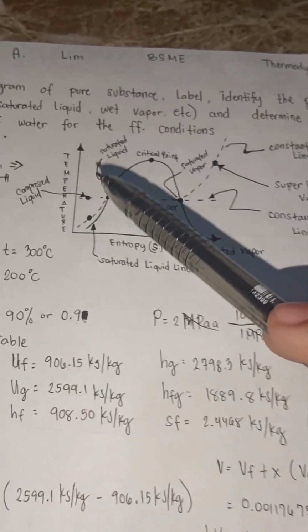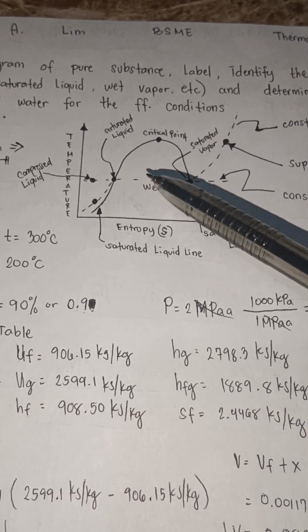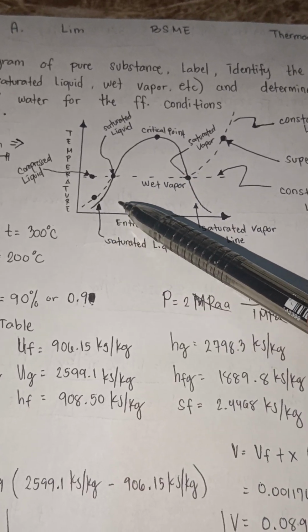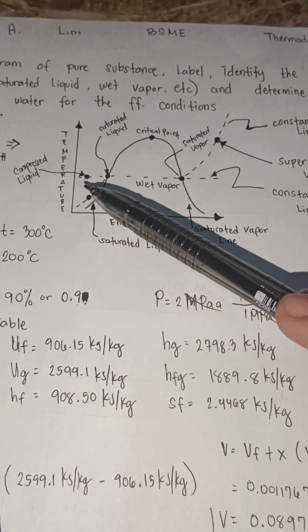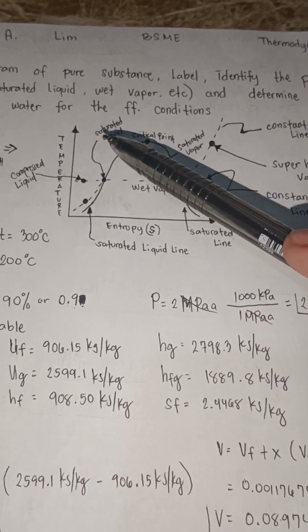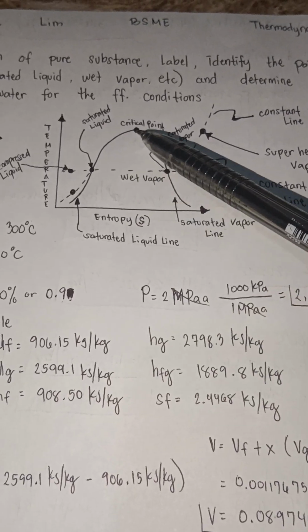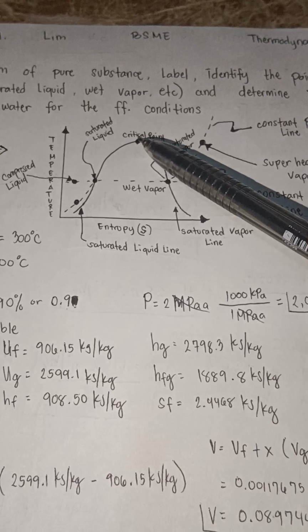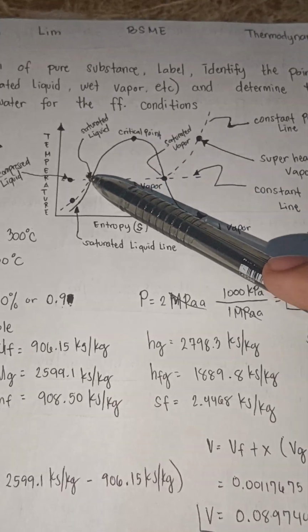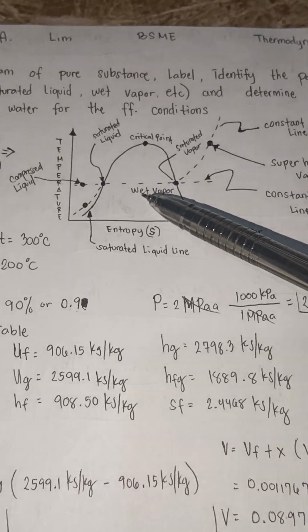So, here is my TS diagram, the temperature and entropy diagram. Here is the saturated line. Here is the compressed liquid, and here is the saturated liquid. On the top is the critical point, and in the middle, inside the broken line, is the wet vapor.